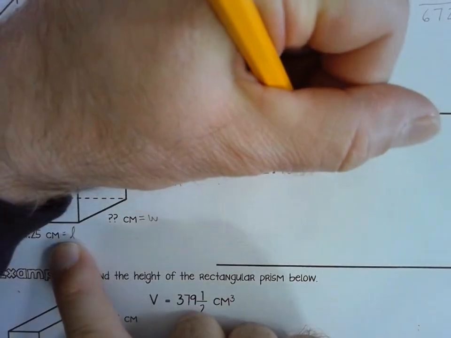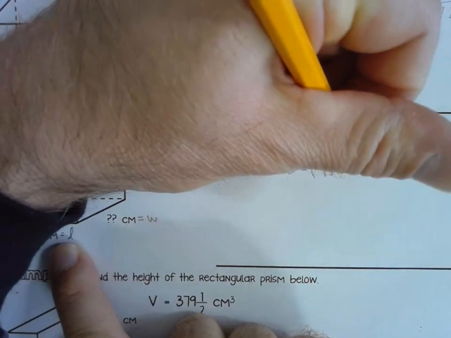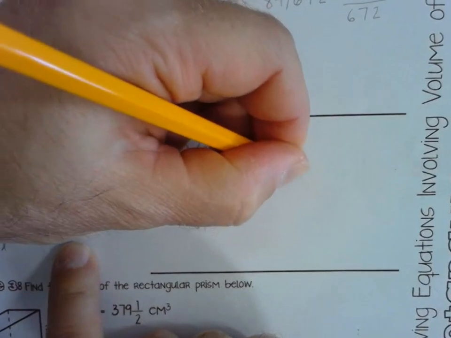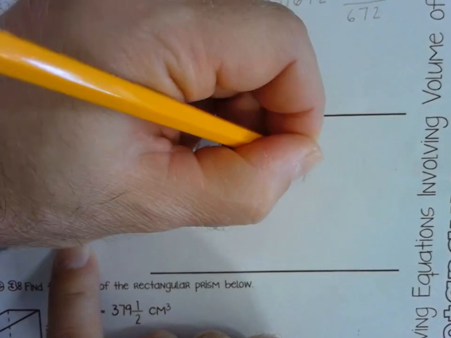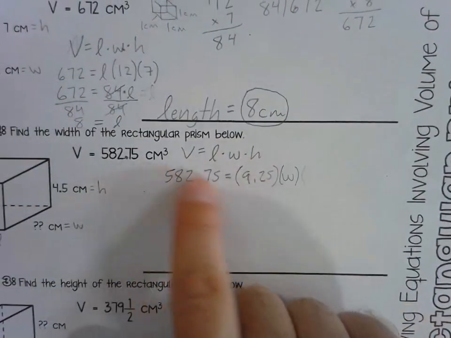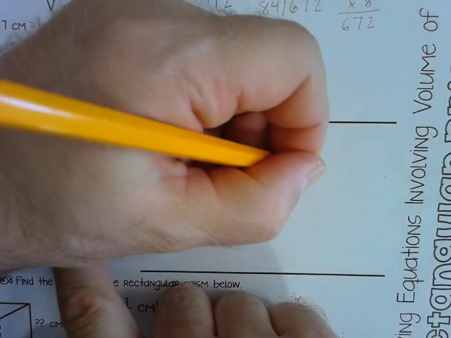So I'm going to put that in parentheses, 9.25. What's my width? I don't know what my width is, so I just put a W. You can put the W in parentheses too if you want. And then the last part, what's my height? My height is 4.5.